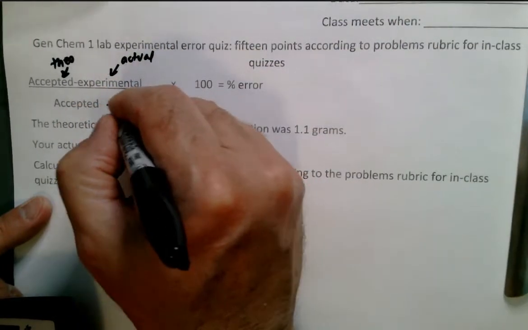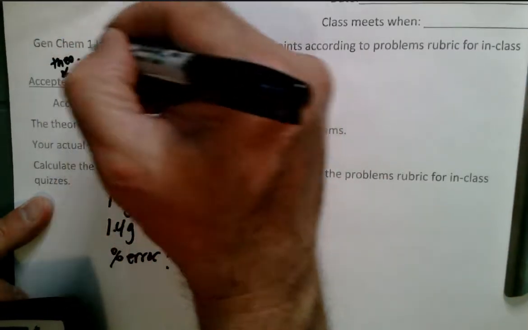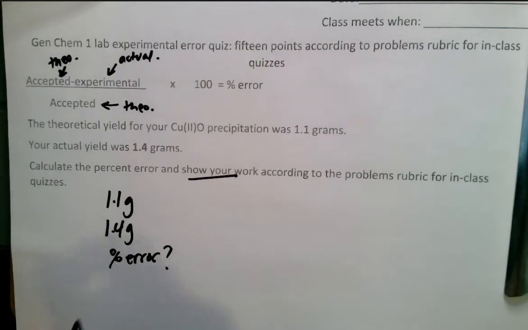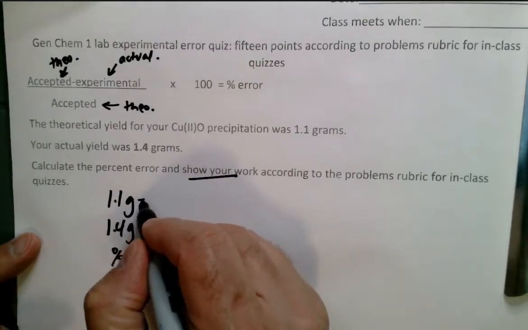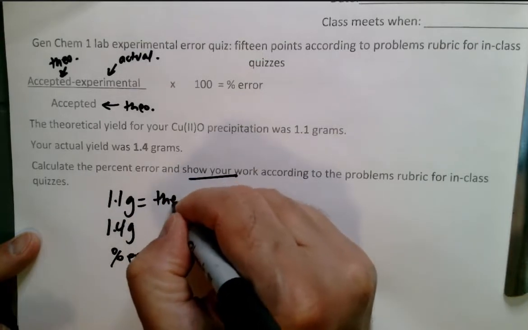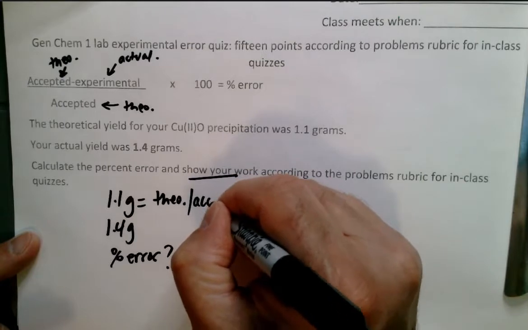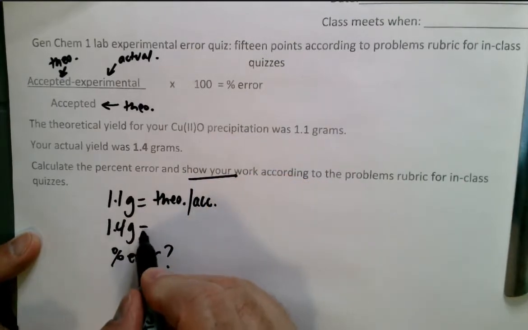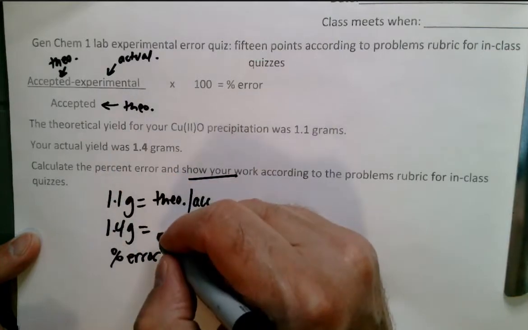Anyhow, let's not get hung up by definitions, but it's important to sort everything out, isn't it? This right here is represented as theoretical or accepted. The 1.4 grams is the actual or experimental.